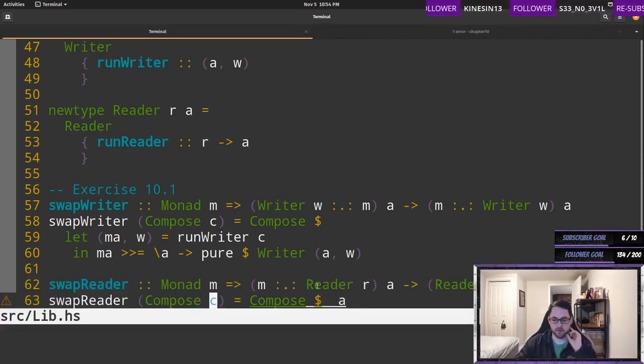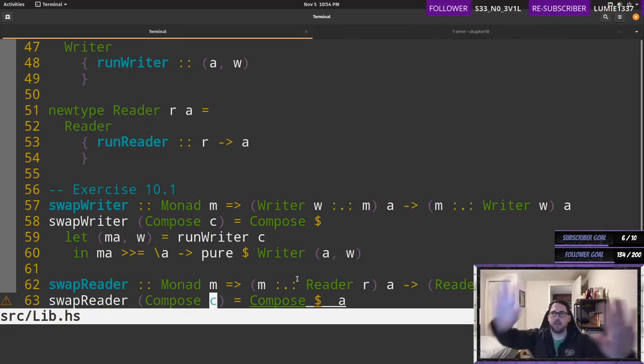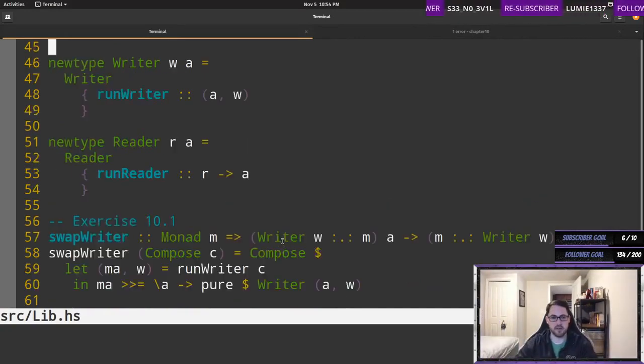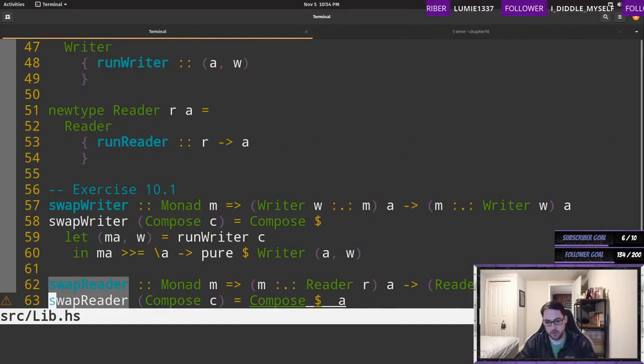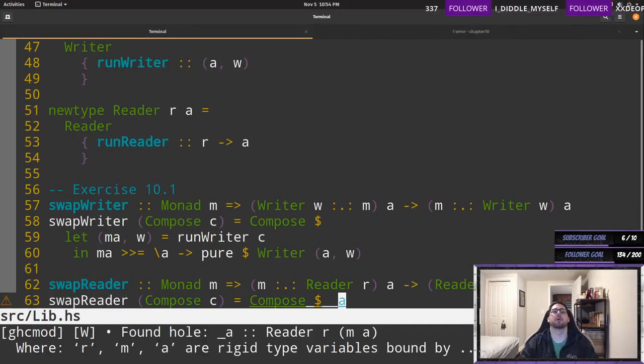The idea here is that we're basically swapping the outer F, the F in the G, right? That's what we're doing. We're taking FGA and creating GFA. Or well, trying to do. But I don't see how I unwrap the outer one.